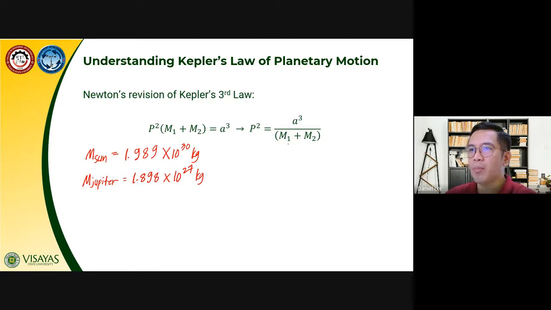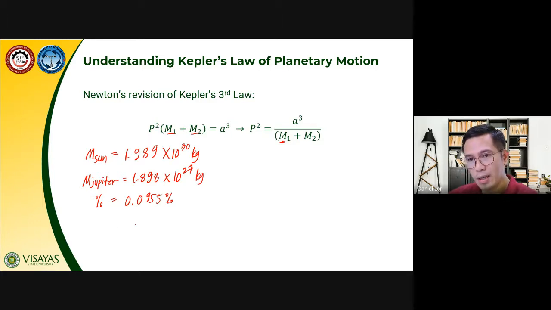So although Kepler had forgotten this factor here, M1 and M2, because this formula is referred to the mass of the sun, okay ra gihapon, sakto ra gihapon ang formula ni Kepler. So we will compute the percentage; if we divide these two values, we will arrive at 0.0955%. So gamay ra kaayo ang difference nila. Gamay ra kaayo ang effect sa planets nga ga-orbit sa sun.